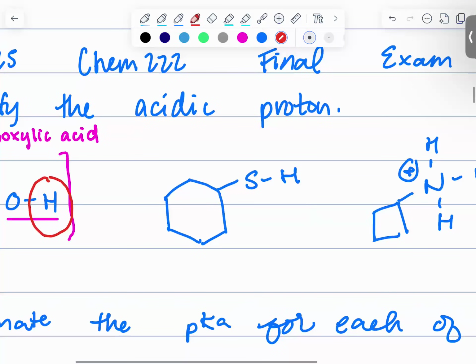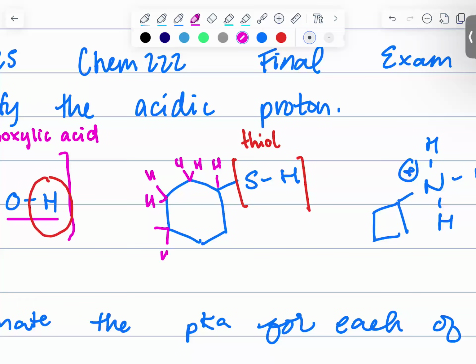So moving to our next one, what functional group do we have on this? How many implied hydrogens am I missing from this one? 11. So now that we have all our protons, which one is the most acidic?